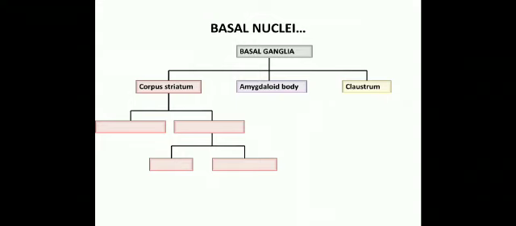The corpus striatum divides into the caudate nucleus and the lentiform nucleus. The lentiform nucleus is divided into the putamen, which is present laterally, and the globus pallidus medially.